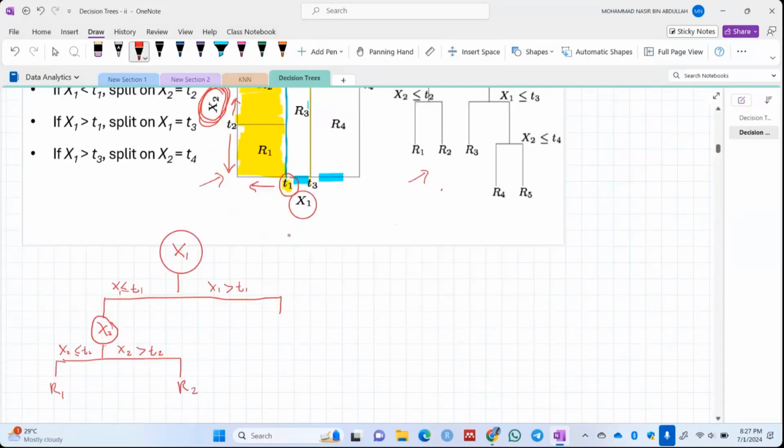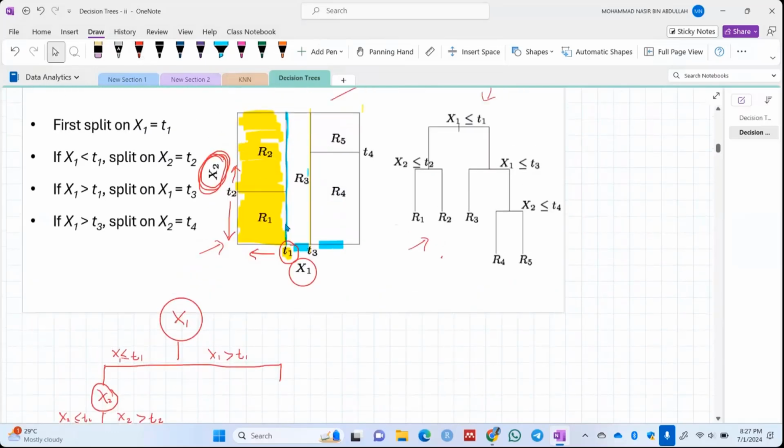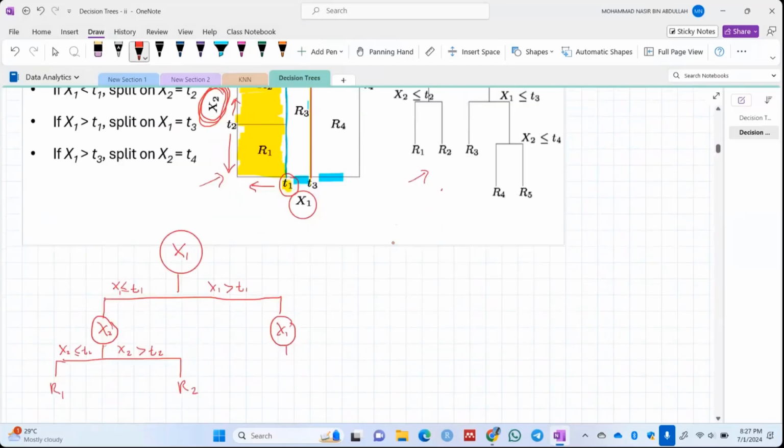Now we have completed the left hand side. Let's look at the right hand side, the region for x1 more than t1. Here we can separate the region by x1 based on t3: x1 less than or equal to t3, and x1 more than t3.